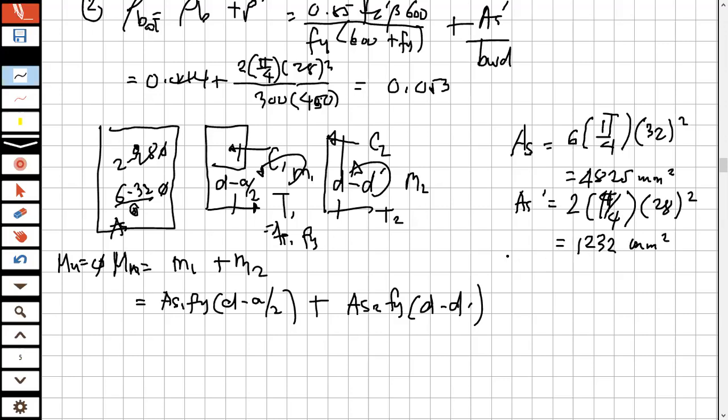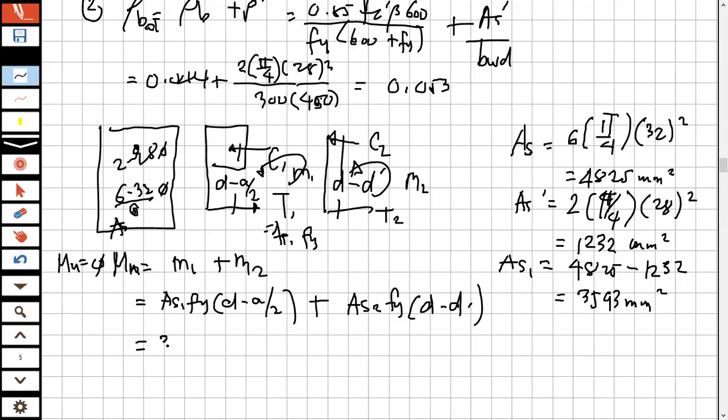So what is A_s1? A_s1 is just equal to A_s minus A_s'. So this is 4825 minus 1232, meaning you have A_s1, 3593 square millimeter.